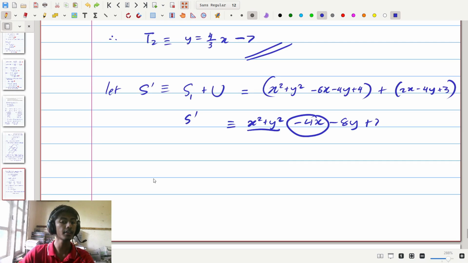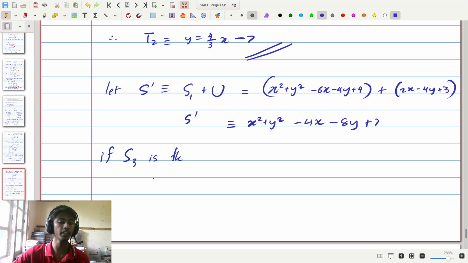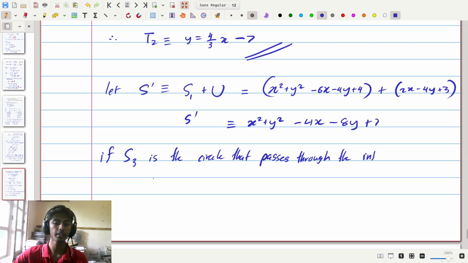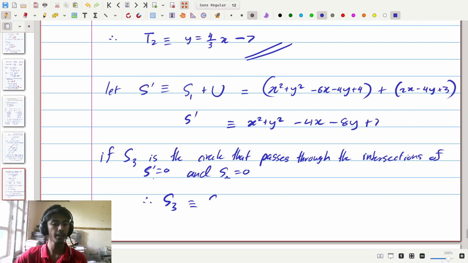Now considering that if s3 is the circle that passes through the intersections of s dash equals 0 and s2 equals 0, then we can say s3 must be given by s dash plus lambda s2 equals 0, where lambda is some element of the real numbers.